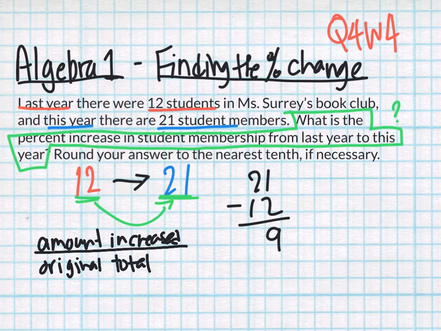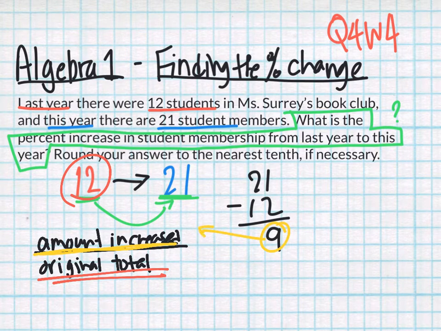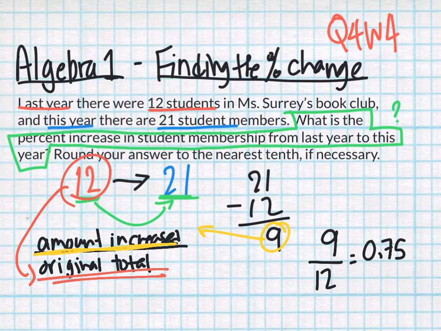So my original total is 12, and the amount it increased is 9. So 9 is going to go up here, 12 is going to go down here. So I'm going to have 9 divided by 12. If I do 9 divided by 12, I get 0.75. This is not my answer. This is not percent. This is my decimal form like we've talked about.